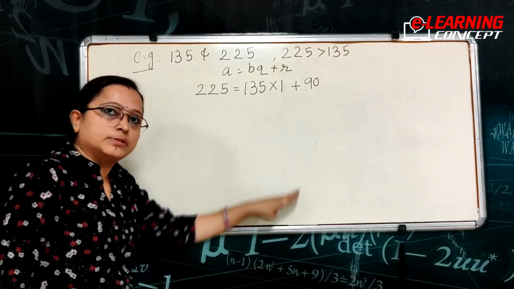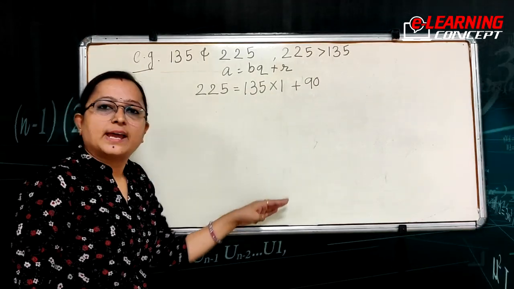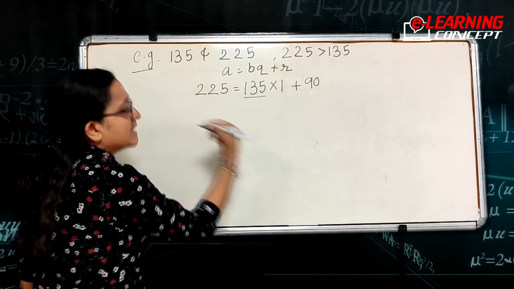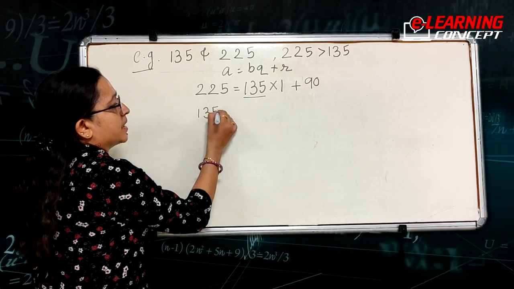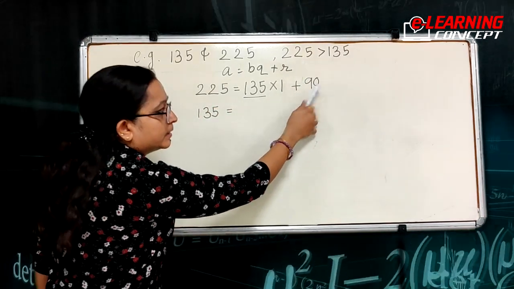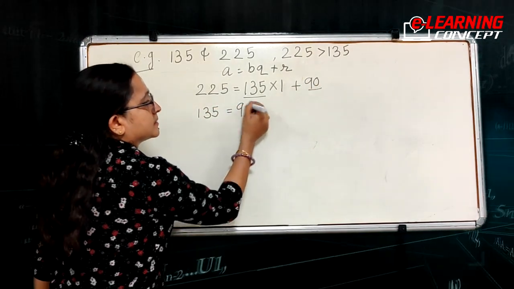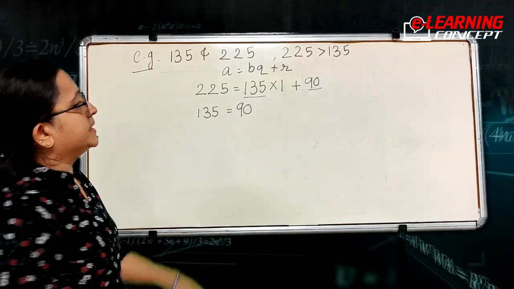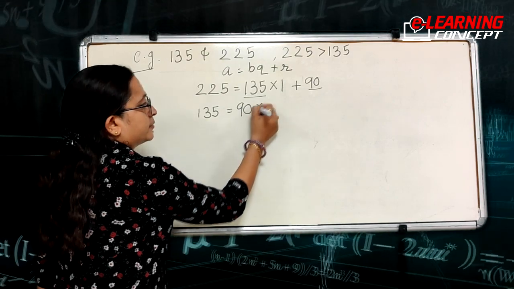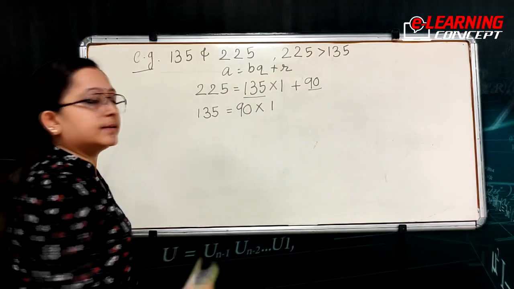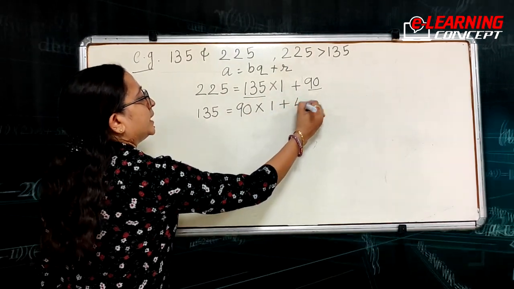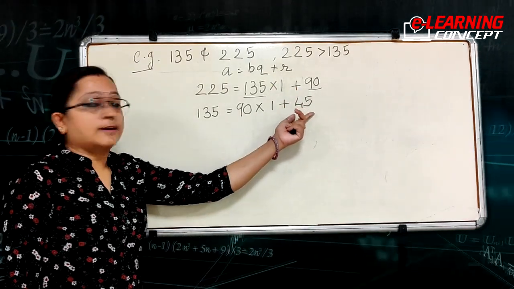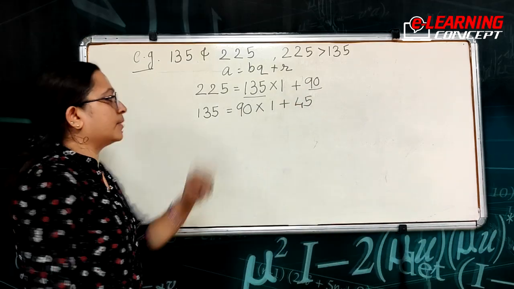You have to continue the same method till you get the remainder 0. So by taking the divisor as dividend in the next step, and the remainder as the divisor, divide 135 by 90. Obviously the quotient would be 1 only, and the remainder is 45. Still the remainder is 45. We are not getting 0 there. So we'll move further.